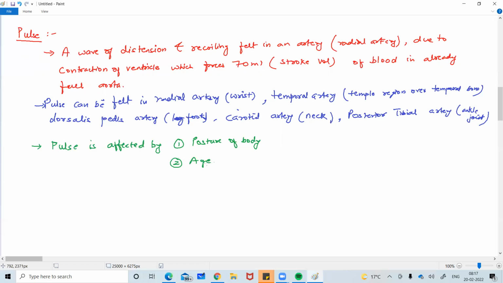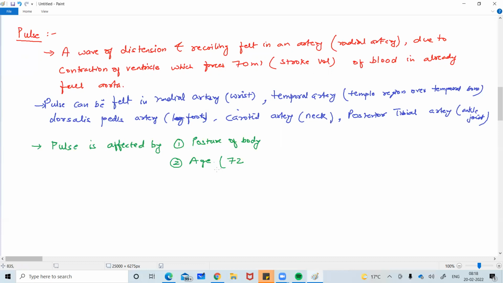So 72 per minute in adults, which is very common. Even if you count your pulse, you will find that the normal value is from 60 to 90. So on average, they say 70 or 72 is the normal pulse rate.